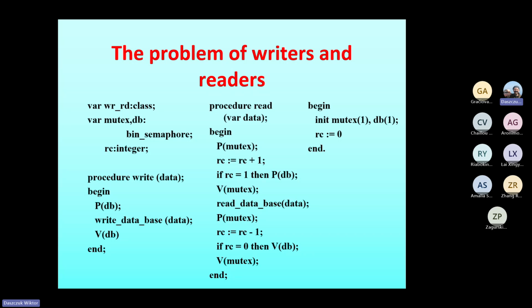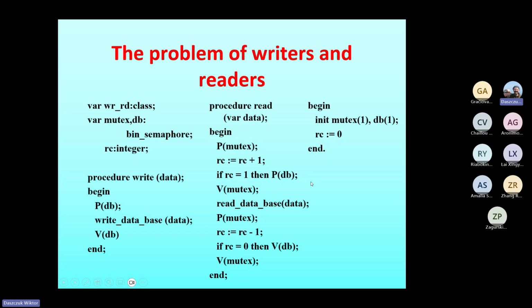Okay, so for access to the database, we have the DB semaphore, and every writer executes P on DB when it wants to write, and V on DB after writing. The same in the reader: P of DB when we enter reading, V of DB when we finish reading.